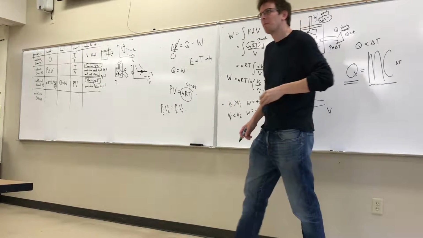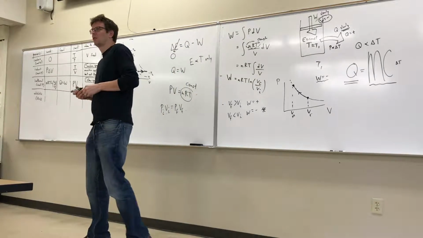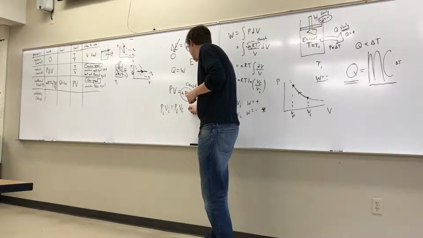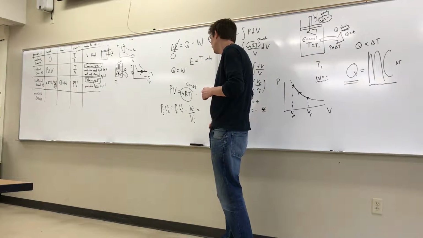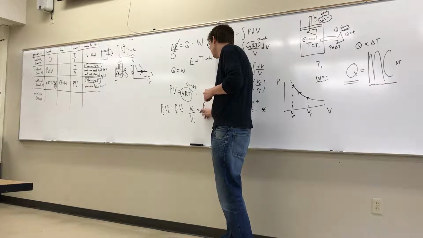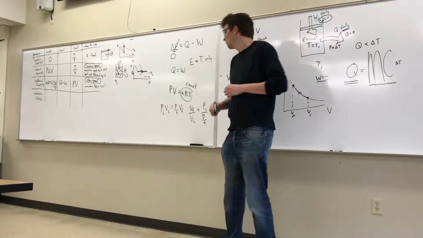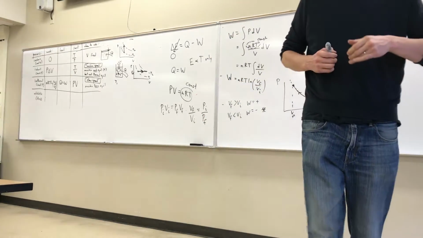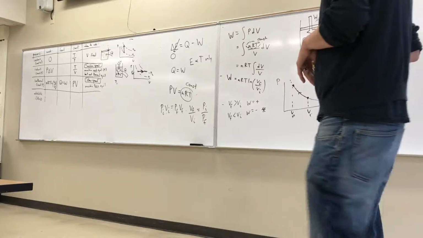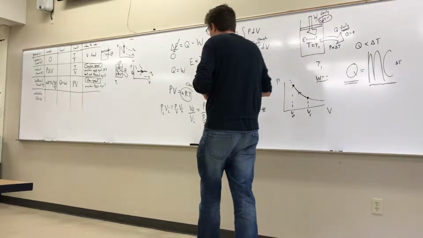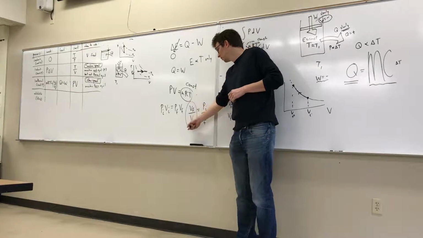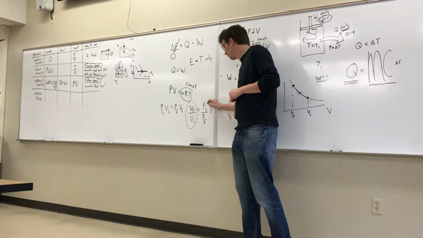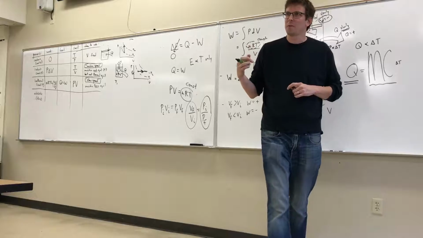Okay? If you want, you can put the volumes on the same side and the pressures on the same side. So you can replace one ratio with another. This one has a little trick up its sleeve. If you know the ratio of the volumes final over initial, then you know the inverse of the ratio of the pressures.